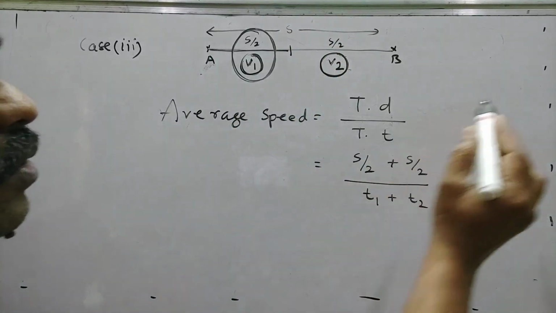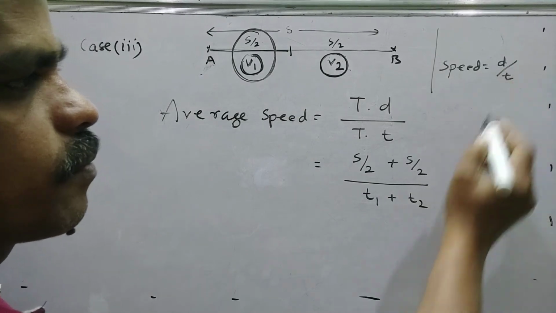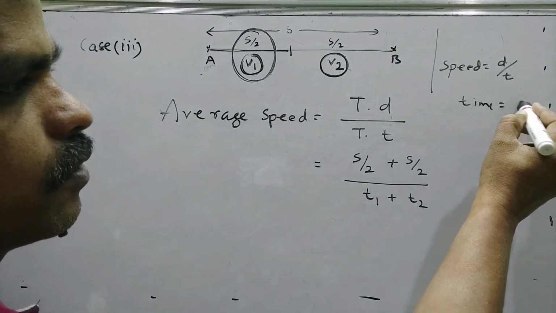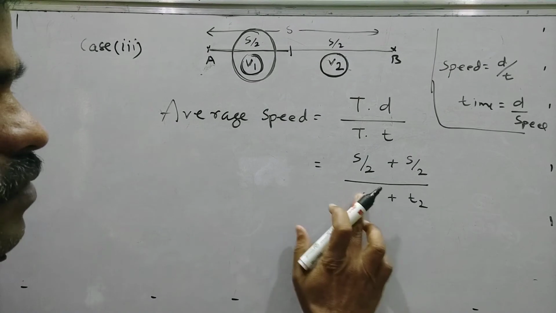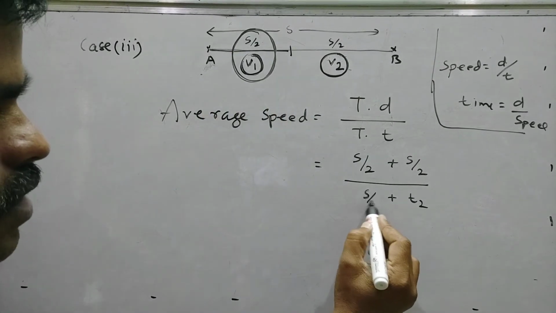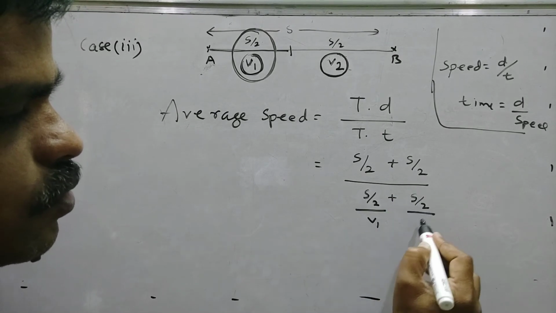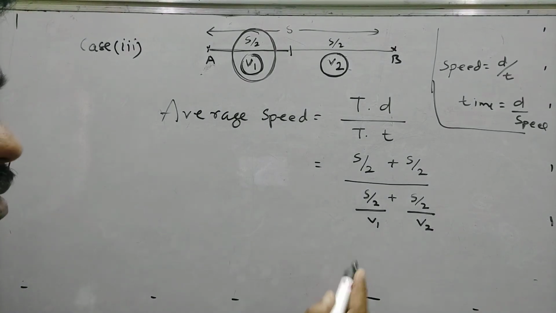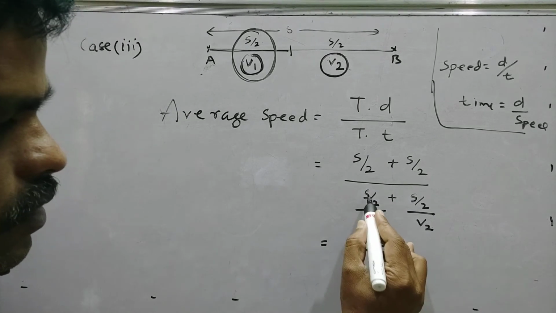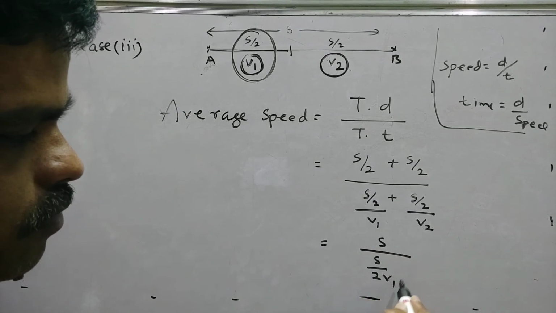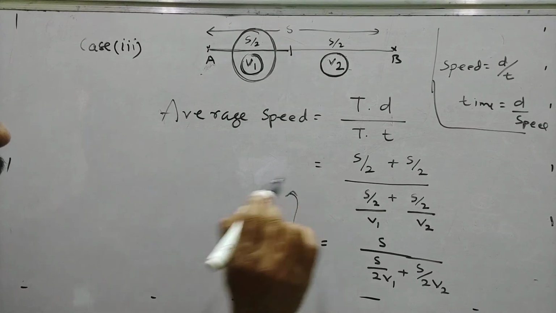But we already know speed equals distance by time, so time equals distance by speed. By using this formula, instead of T1 we can write distance S by 2 by V1, and for the second half of the distance, S by 2 by V2. So it is S by 2 plus S by 2, over S by 2 V1 plus S by 2 V2. I think you catch the point.